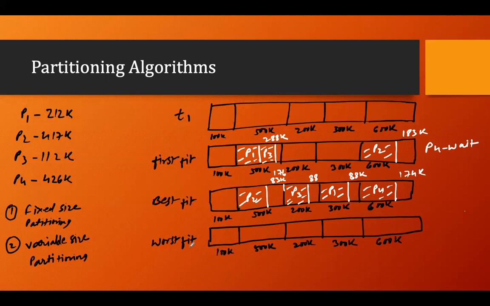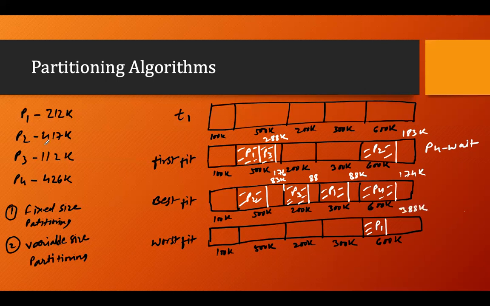Let's go to the worst fit scenario. So here it is 212. Where will we accommodate? In the worst chunk of memory, meaning the highest one, which is this. So in 600 we accommodate 212, and 388 will be left.